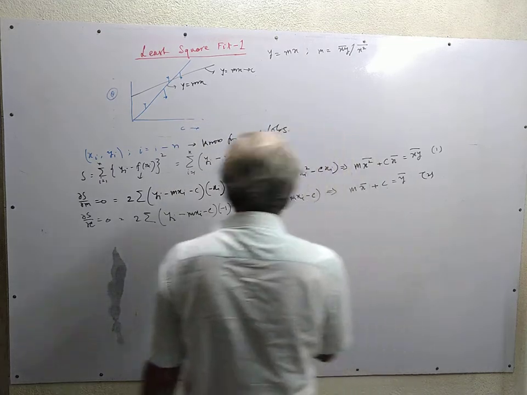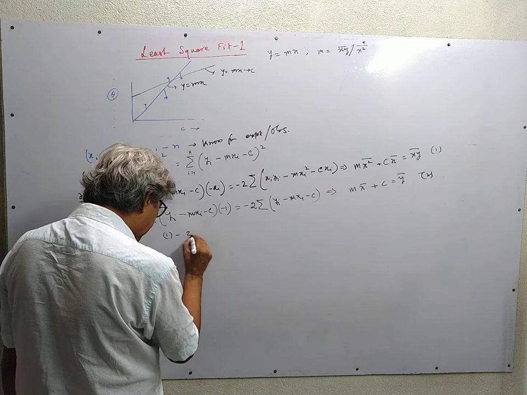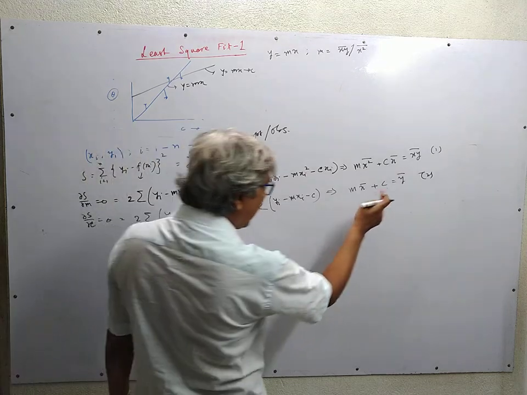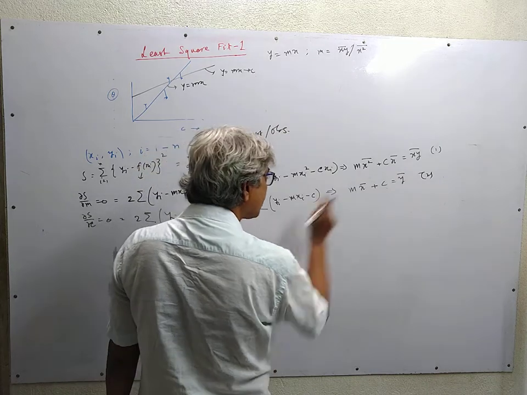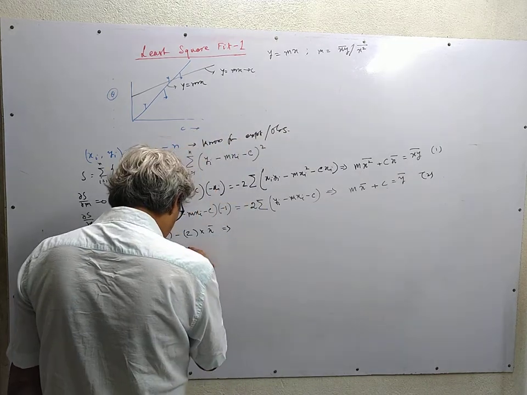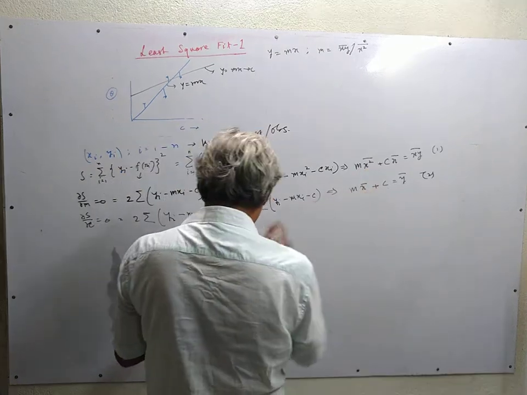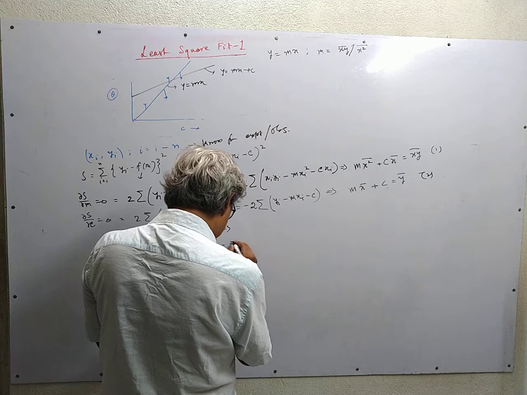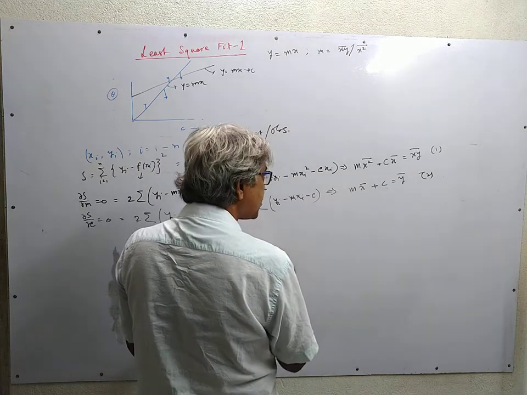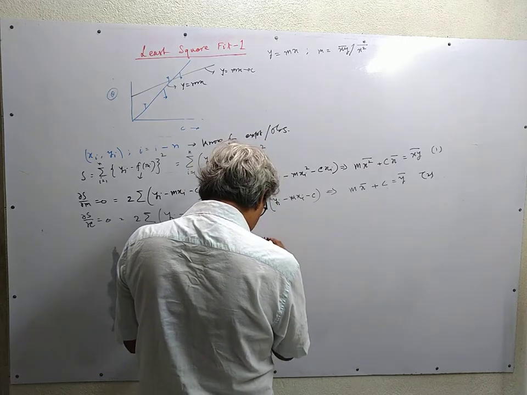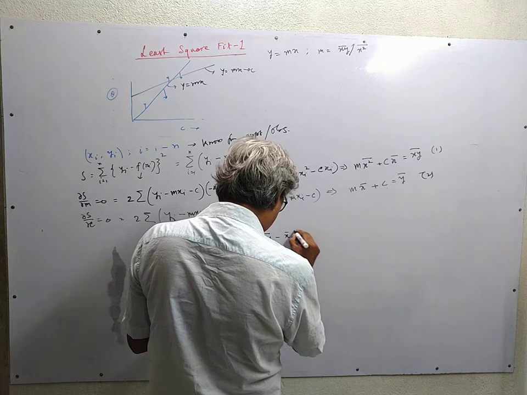Now what we do, we take equation 1 minus equation 2 times x average. This gives you m x square average from this term, and this term is x average square. On the right hand side we have xy average minus x average dot y average.